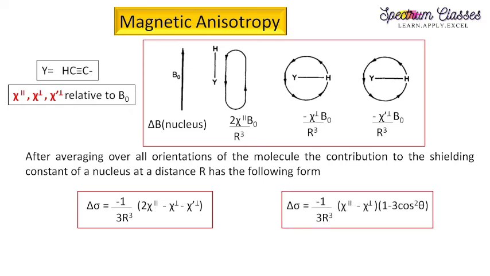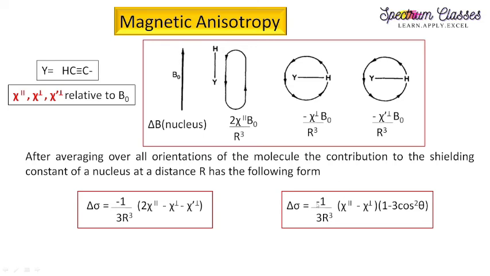Since this molecule has axial symmetry, H is present on the symmetry axis. If this is not the case, if it does not have axial symmetry, then H may be arranged at a certain angle to the principal axis of the molecule. Then the direction of H can be referred to B naught by the angle the proton makes with the B naught field.